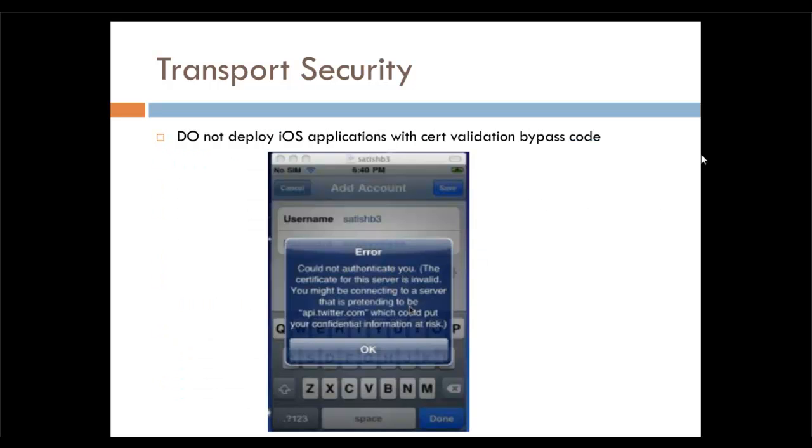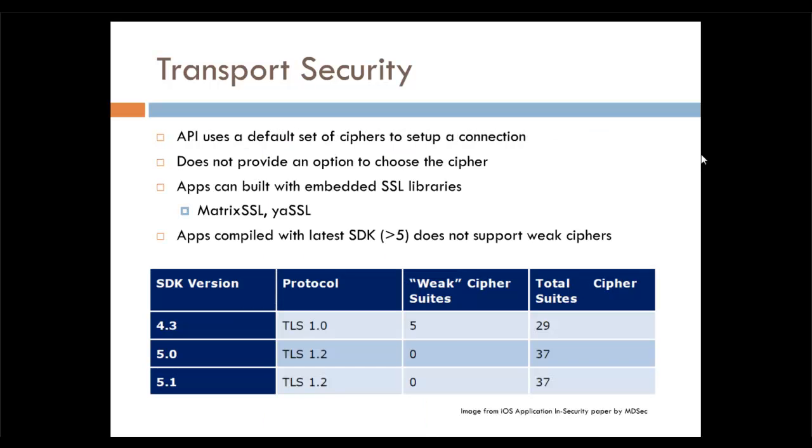Similarly, you can see the same kind of error messages on iPhone as well. So if you are developing an application, do not write code such that it accepts untrusted certificates. And APIs by default support a lot of weak ciphers. If you compile the application using the latest SDK, it doesn't support any weak ciphers.